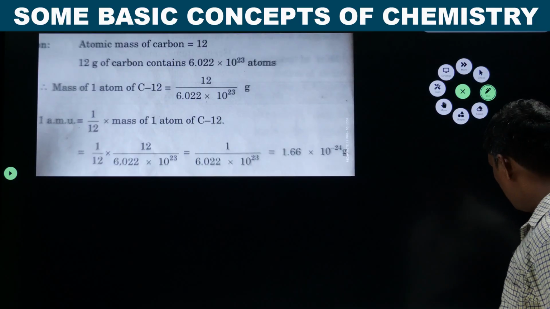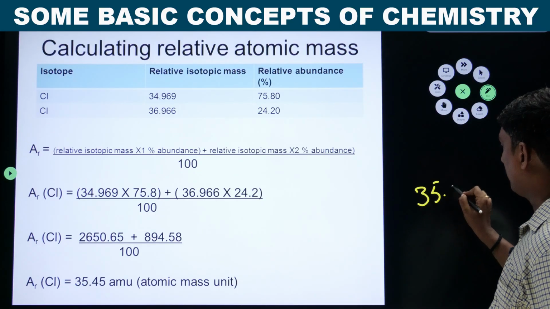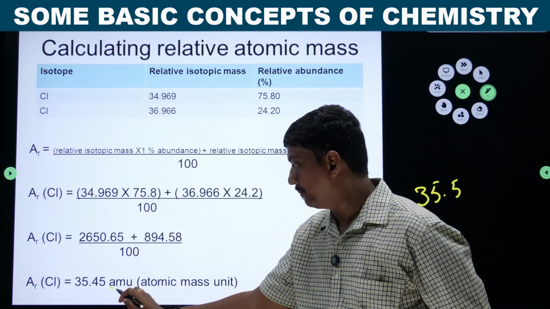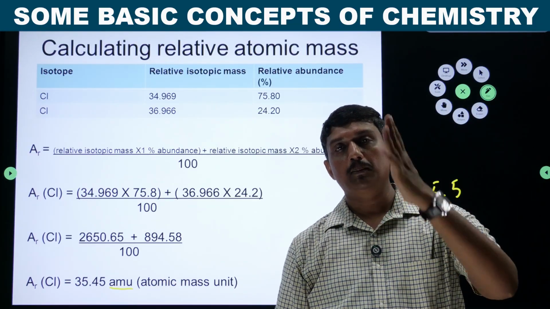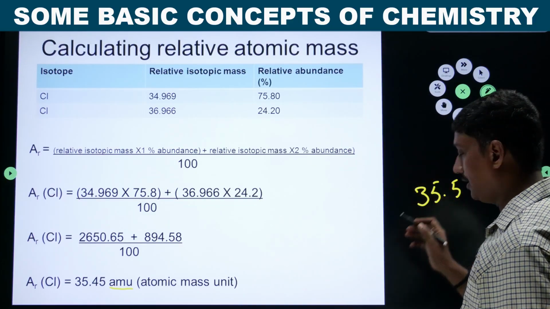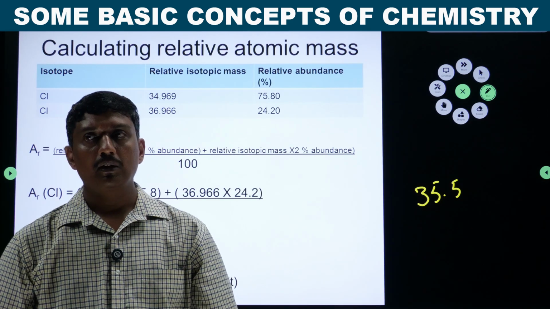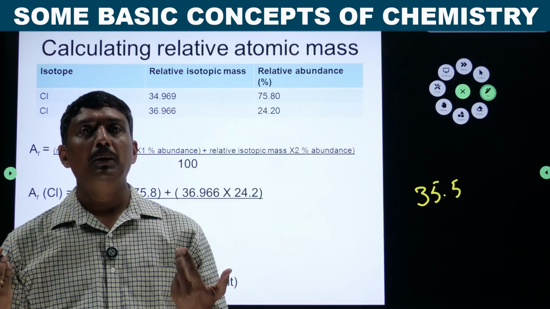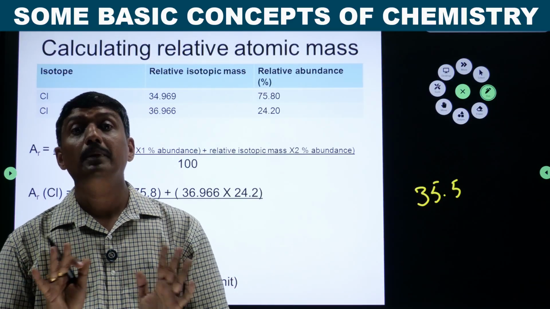You got one number here, 35.5, and they have mentioned AMU. What is the meaning of AMU? If I write 35.5, you ask, sir, what is that number? 35.5 may be liter, meter, kg, gram, or anything. It has no meaning.